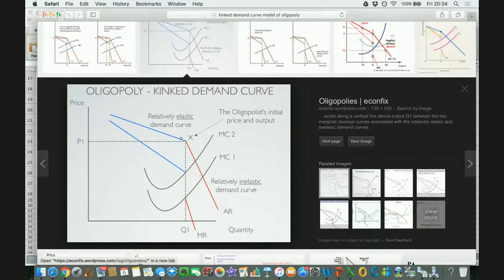And here, this is your demand curve, which has two states. This is what's known as elastic and this inelastic. Again, look out for that in your multiple choice questions. But here is your marginal revenue curve. And notice that's discontinuous. Your marginal cost curve isn't broken. So your answer is your marginal revenue curve.